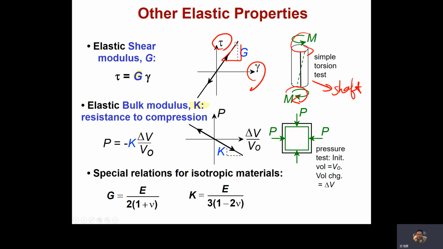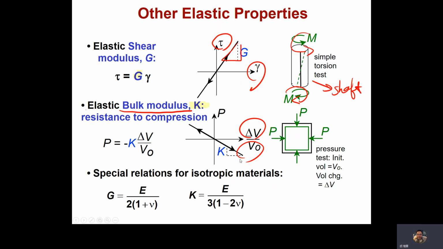And the other parameter is called the elastic bulk modulus. That means the material's resistance to compression. If we measure, for example, hydrostatic compression, we plot the relation between the compression versus the volume change rate, that means the volume change divided by its original volume.